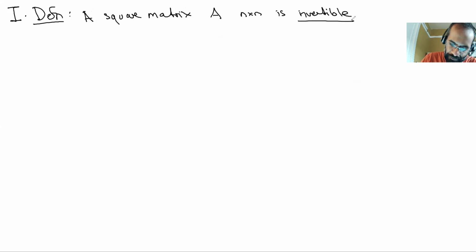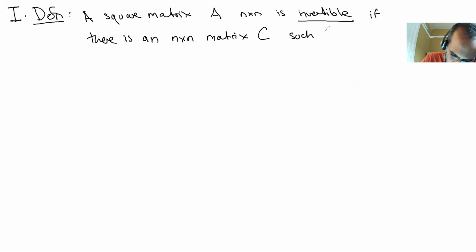So a square matrix A, let's say it's n by n, is invertible if there's an n by n matrix C such that A times C is equal to C times A is equal to identity.